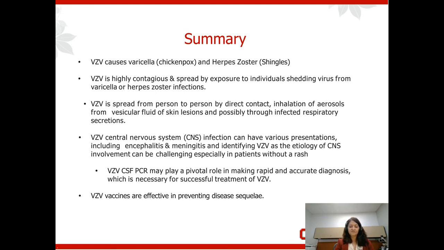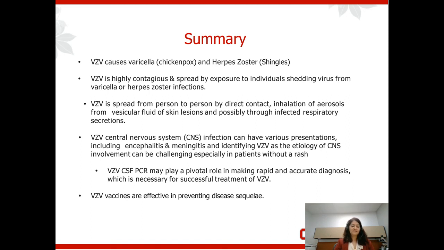VZV in the central nervous system can have various presentations, including encephalitis and meningitis, and identifying VZV becomes critically important in these individuals to prevent morbidity and mortality, especially since it is more challenging if they present without a rash.